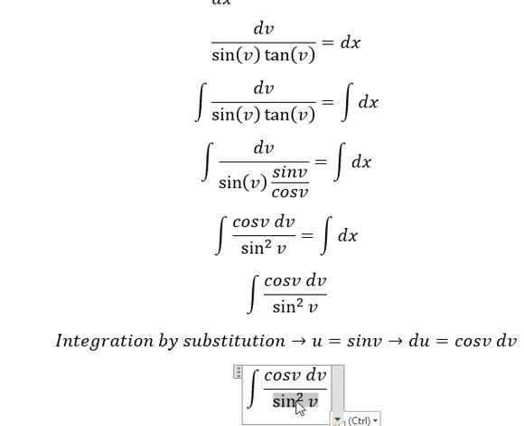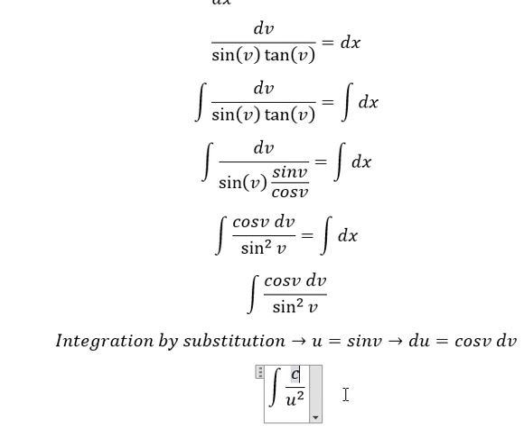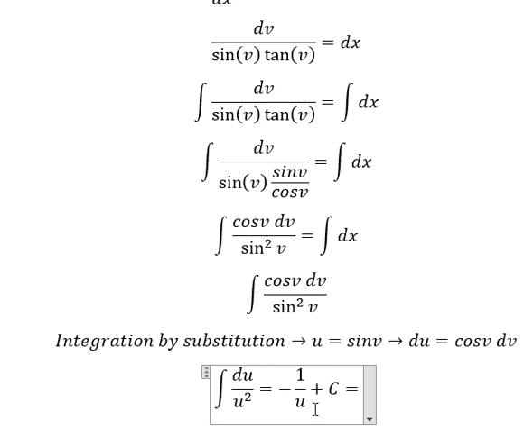So this one we change for u squared. This one we change for du. The integral of this one you get negative 1 over u plus c. u is sine v.